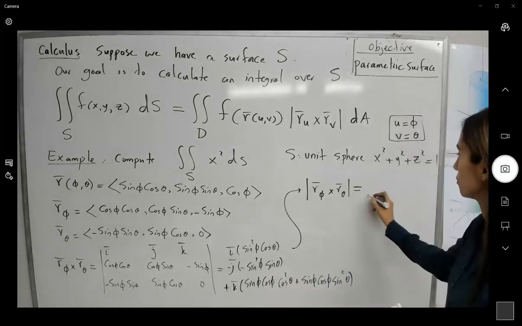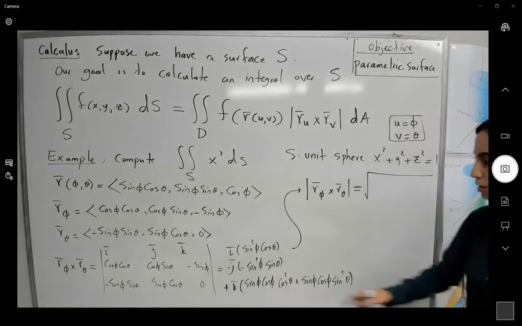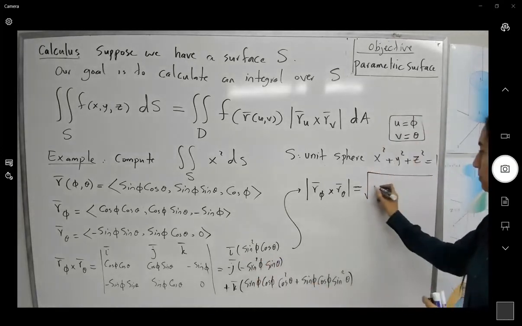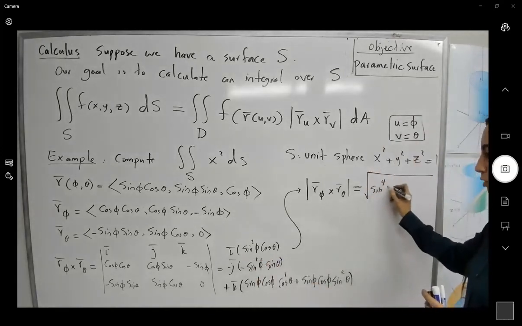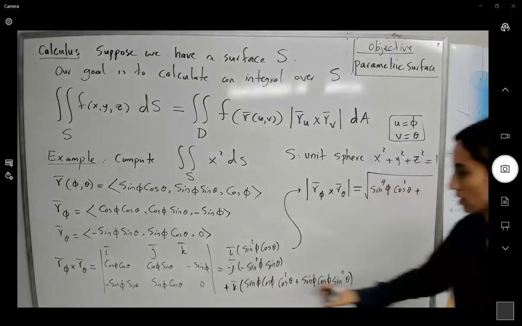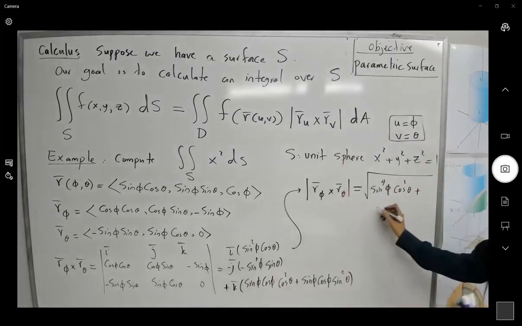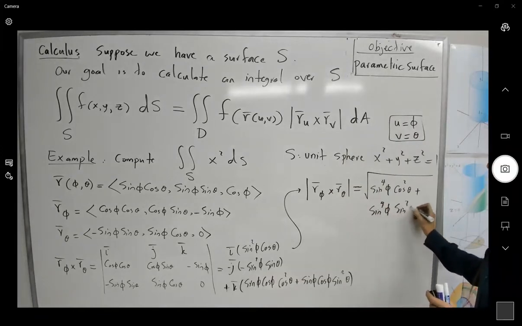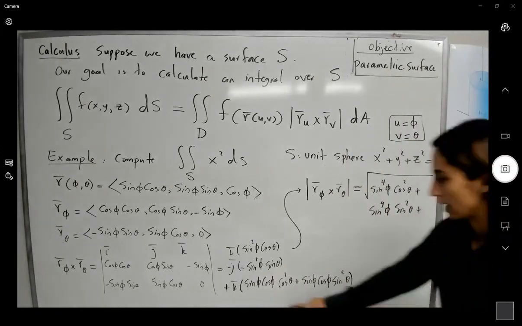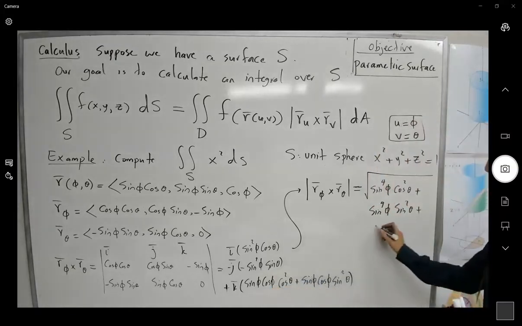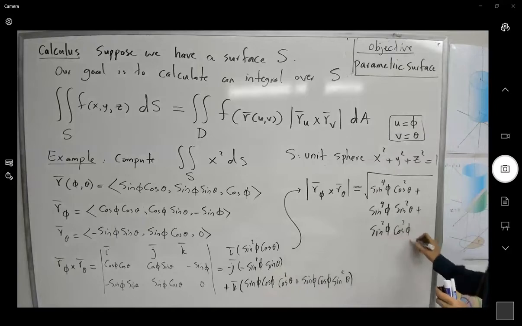So this is equal to the square root of, well, this guy becomes sine to the 4th of phi cosine squared theta, plus sine to the 4th of phi sine squared of theta, plus, and as I mentioned, this is just sine phi cosine phi, so you get sine squared phi cosine squared phi.